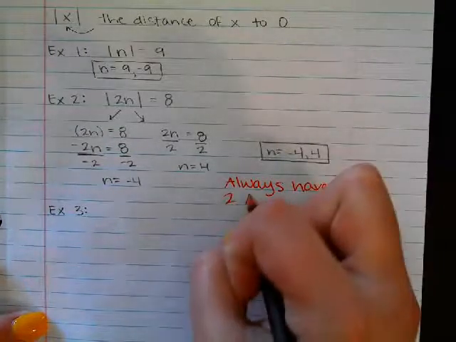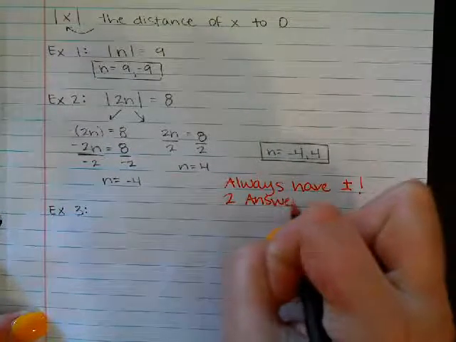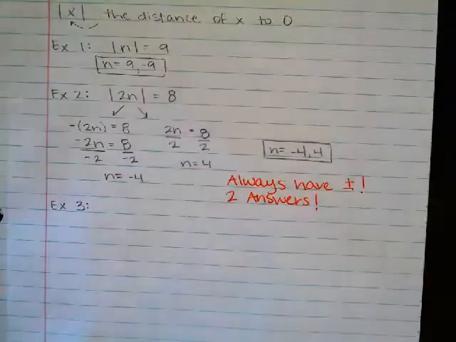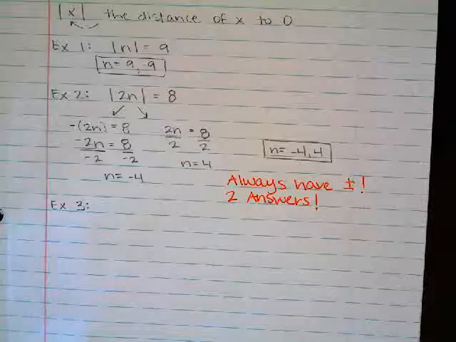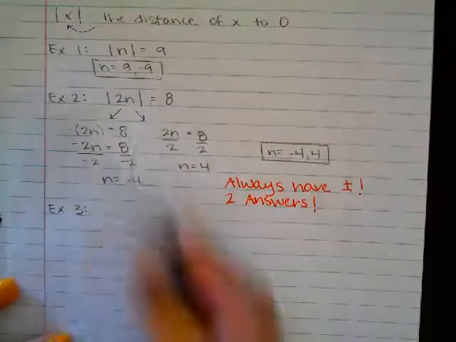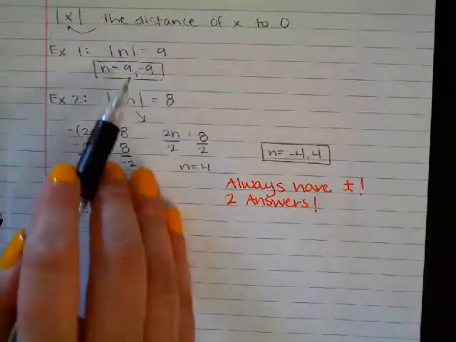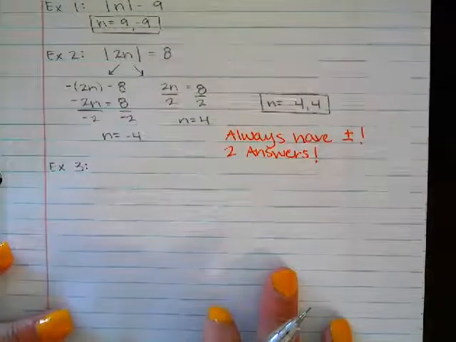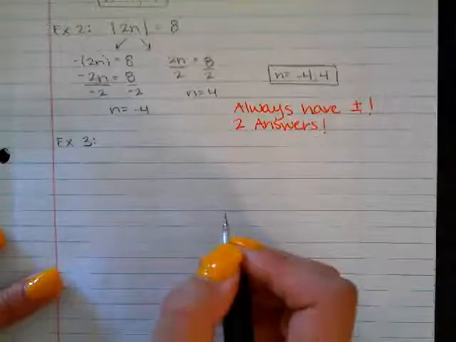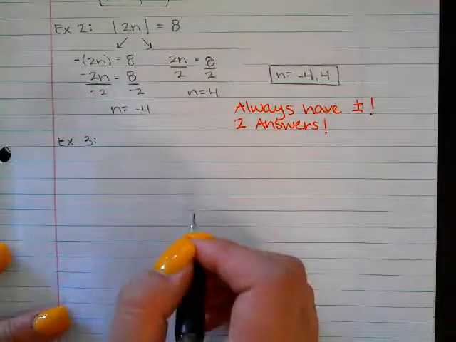Which typically means two answers. Because of the way 0 works, it's possible you could have one answer, but typically always two answers. And in our first two answers, we had the plus and the negative version of the same number, but as you'll see in this next example problem, that's not always the case. It depends on how the problem works out.